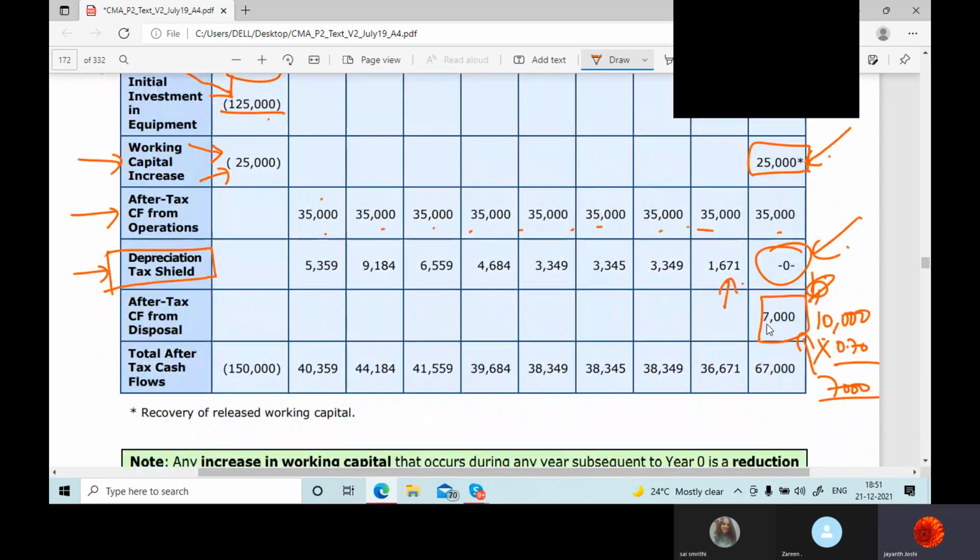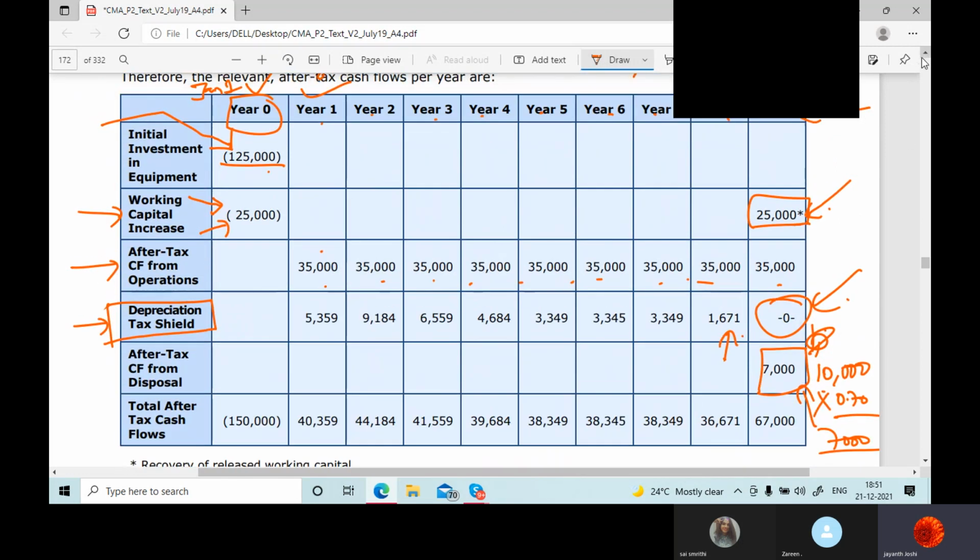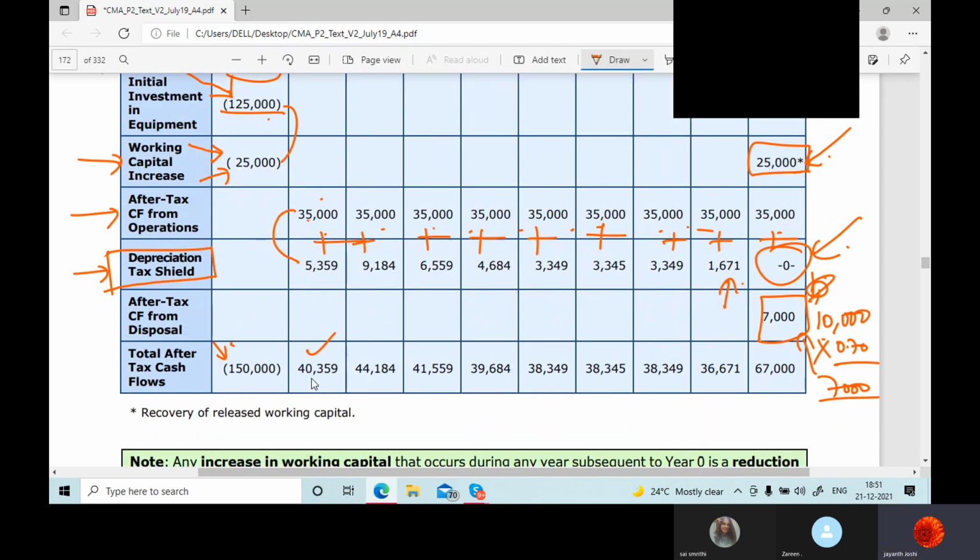This is the after tax cash on disposal of the equipment. Then next step is nothing but to add up all this. So 125 and 25 becomes 150. 35 plus this becomes the amount, and you can add this all. I'm just putting the addition sign here. And then you have the cash inflows here in totality.